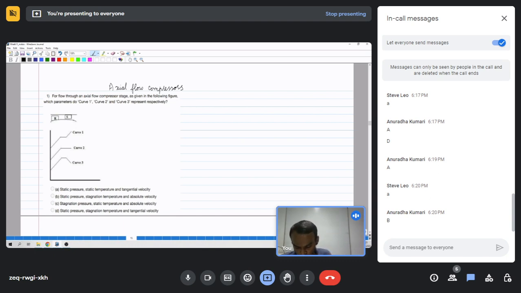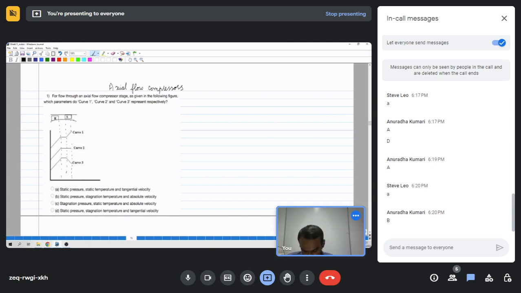So there is a rotor till this point. During the rotor all three curves are increasing, and during the passage all three values are constant, and then at the stator stage, curve 1 increases, curve 2 is flat, curve 3 is decreasing. So curve 1 could represent static pressure or stagnation pressure.